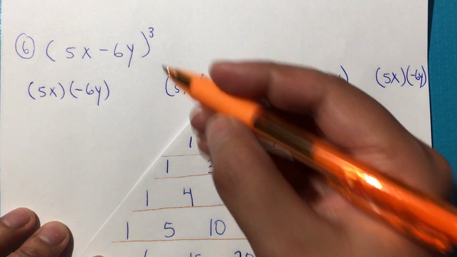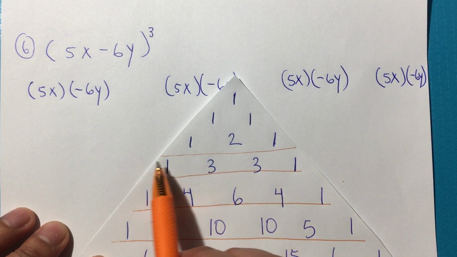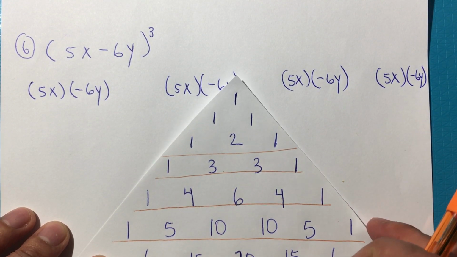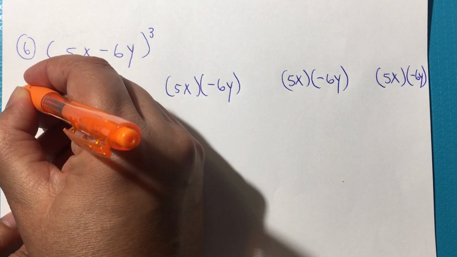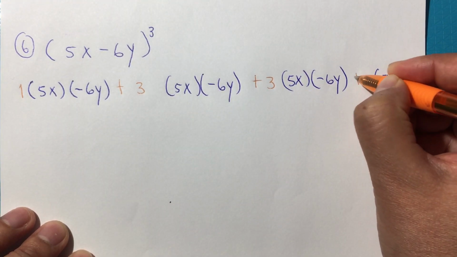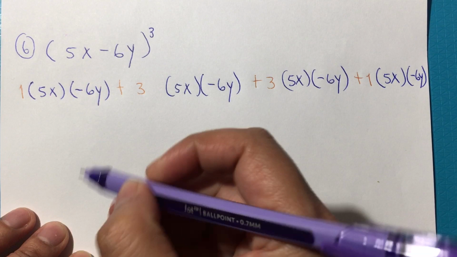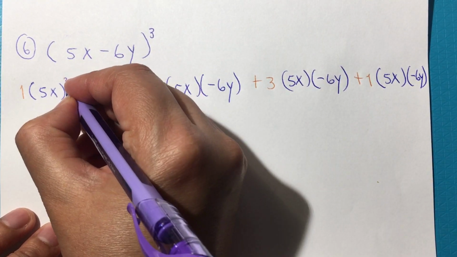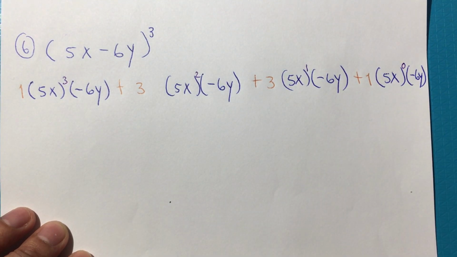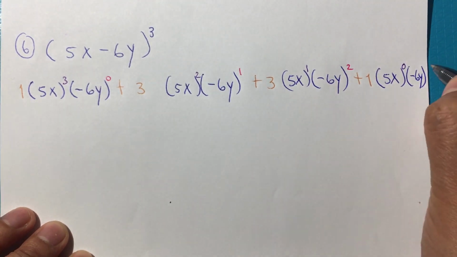Why? Because the 3 is going to be my second number, and that's the row that I need to use. 1, 3, 3, 1. For the exponents, it's 3, 2, 1, 0, and 0, 1, 2, 3.